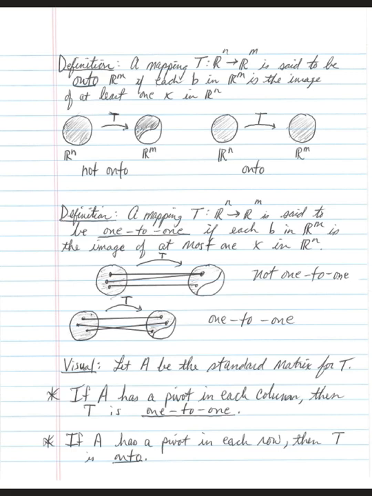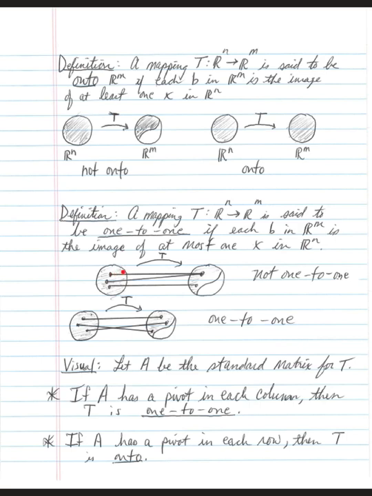Definition: a mapping T from Rn to Rm is said to be one-to-one if each b in Rm, so everything in the codomain, is the image of at most one x in Rn. Now let's look at a diagram to try to make some sense of this. I just randomly picked 3 x's from the domain.